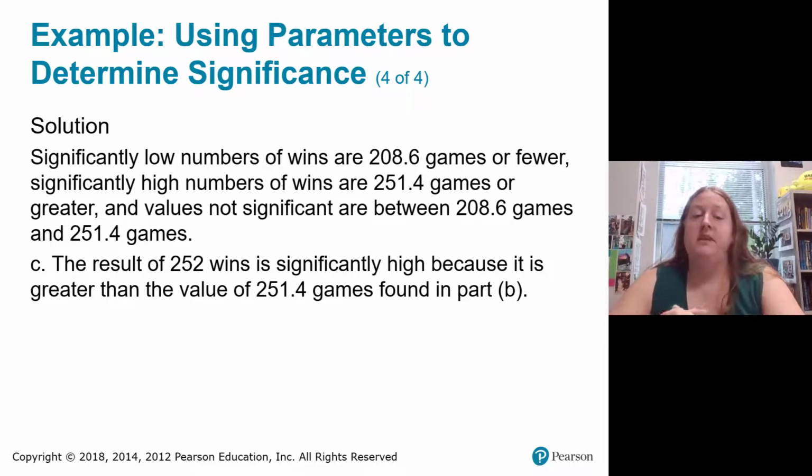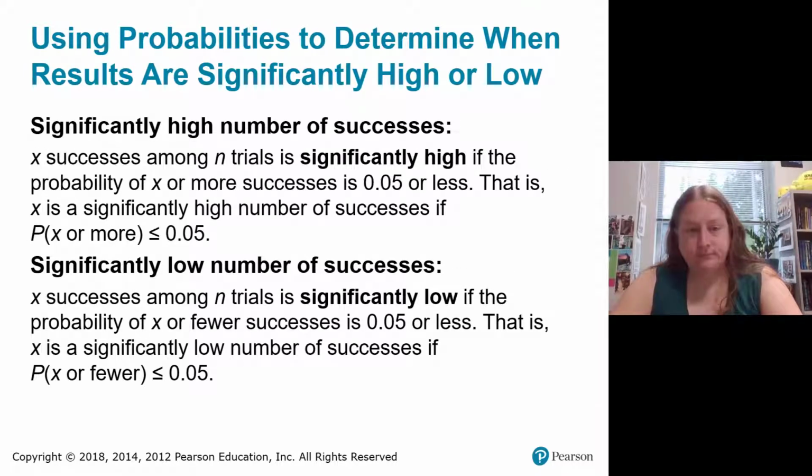So this gives me the outcome that the result of 252 wins is in fact significantly high because it's greater than 251.4 games. And our idea of when we say things are significantly high or significantly low has not changed. We're looking for that probability of 0.05 or less that this happened by chance.